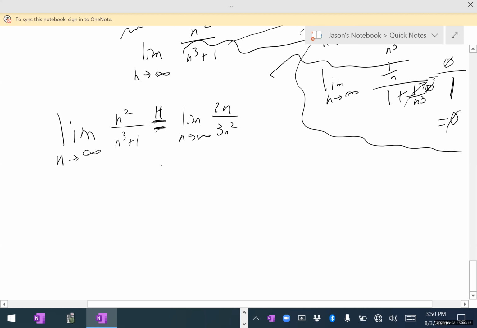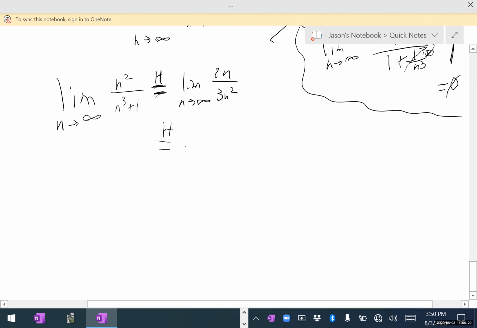Again L'Hopital's rule: the limit as n goes to infinity of 2 over 6n. Now this is an equal sign because it's an algebraic equivalency. So this is the limit of 1 over 3n. What does that do? That goes to 0. So we're good.